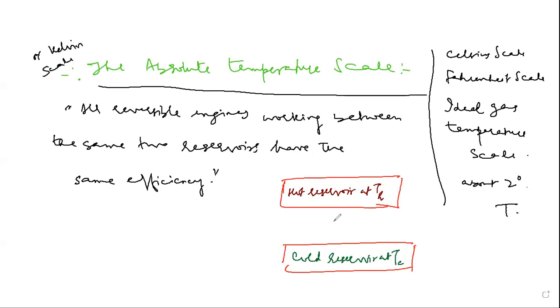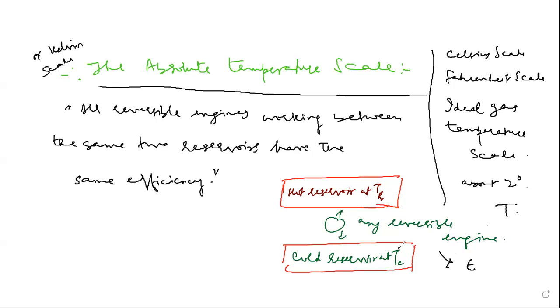Now, if I operate any reversible engine between these two reservoirs, it will have the same efficiency, which we have already denoted by epsilon, right?